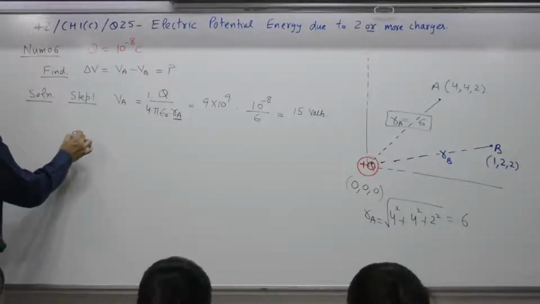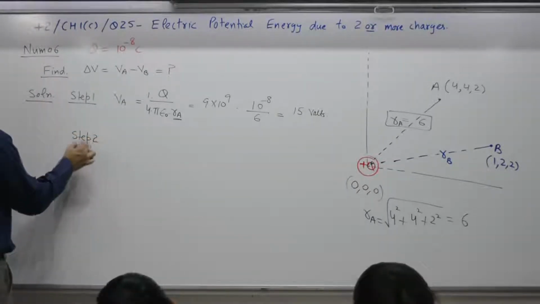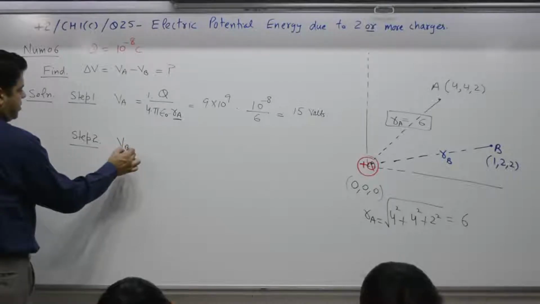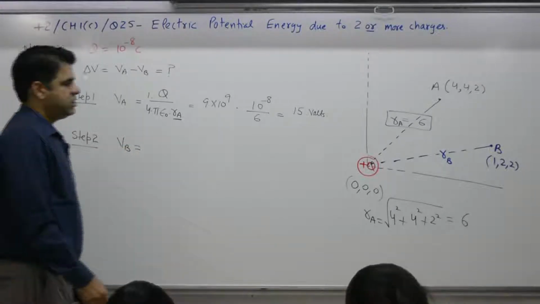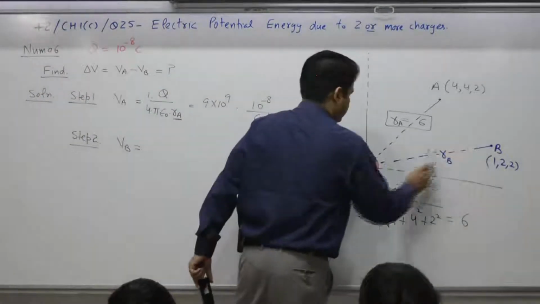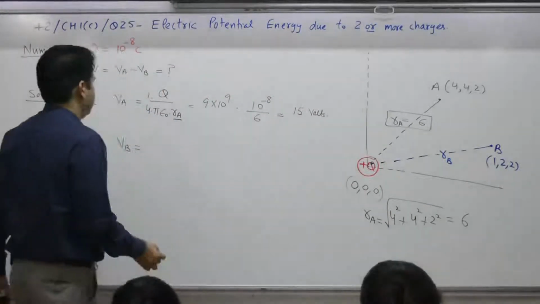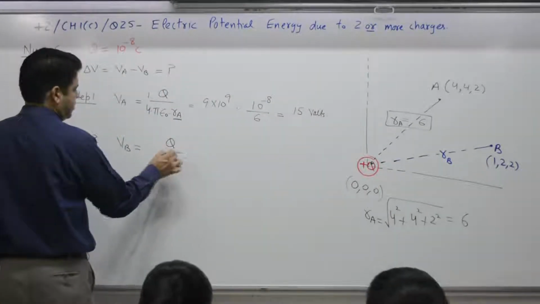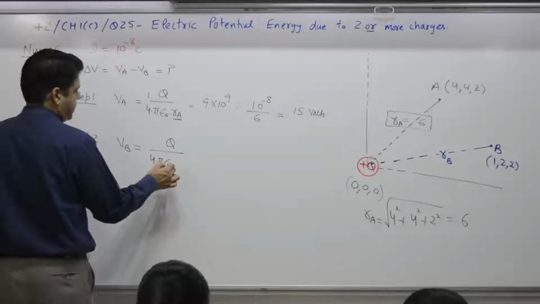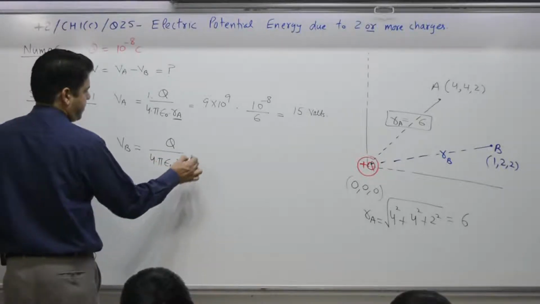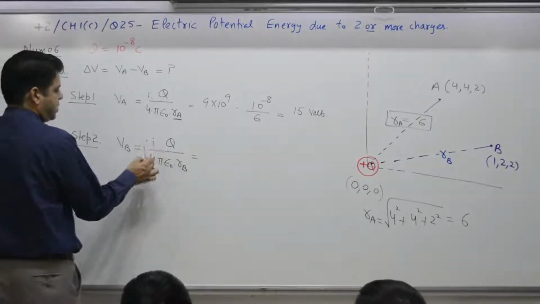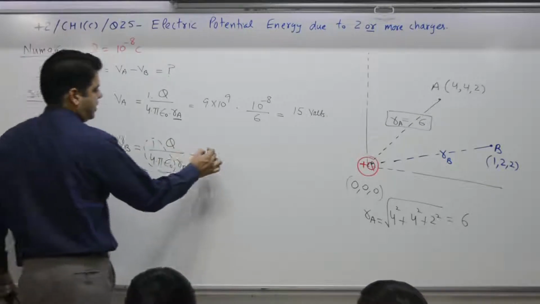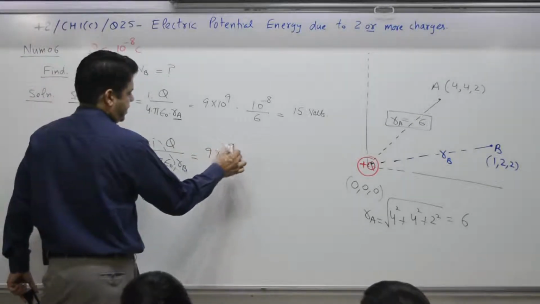Step 2, find VB, potential at point B due to this charge. Formula: charge over 4 pi epsilon naught RB. 1 by 4 pi epsilon naught is 9 into 10 raised to power 9.